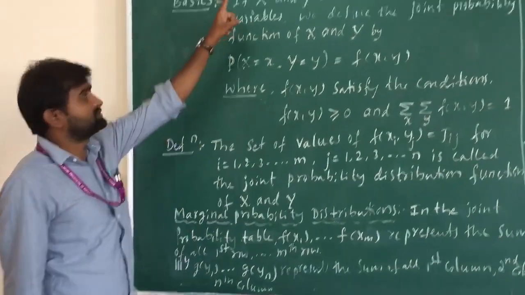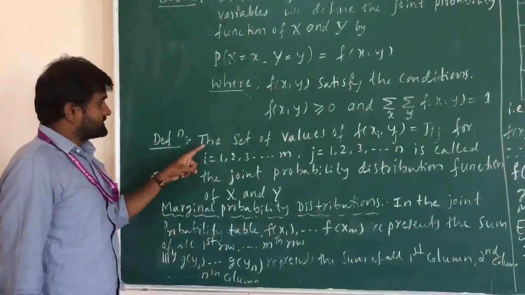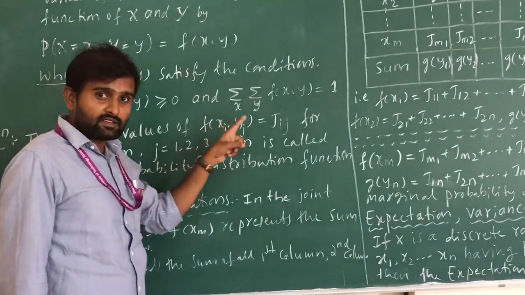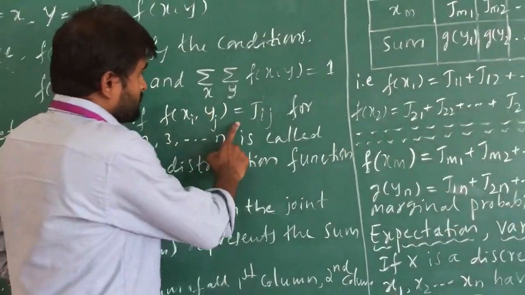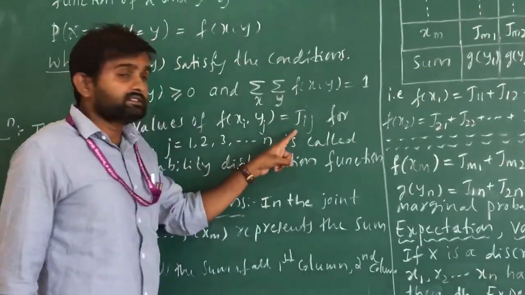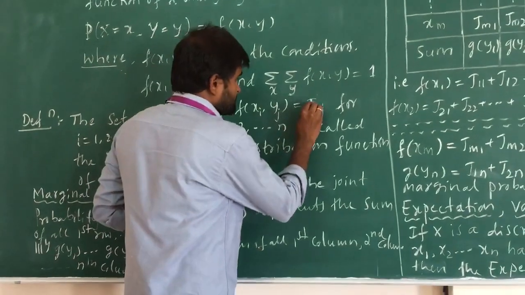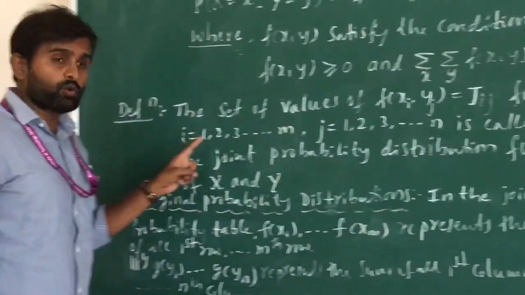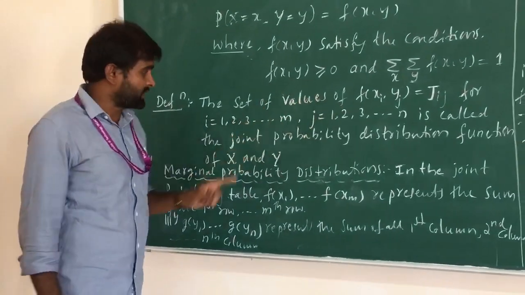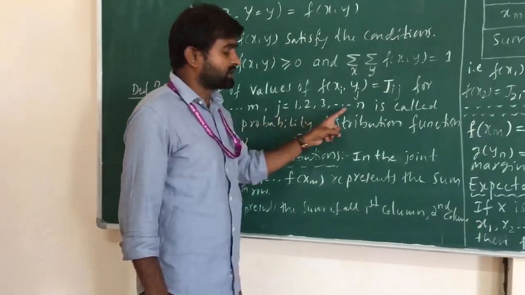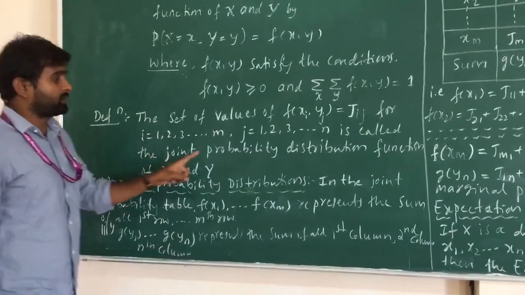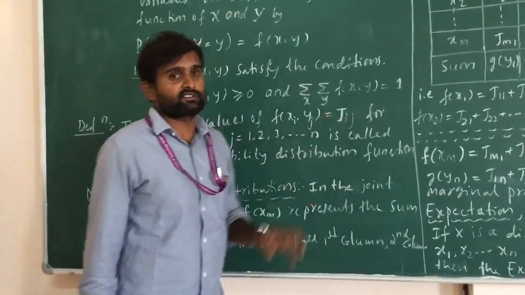Now the definition of the joint probability. The set of values f of xi comma yj, which we denote as Jij for i equal to 1, 2, 3 and so on up to m, j equal to 1, 2, 3 and so on up to n, is called the joint probability distribution function.